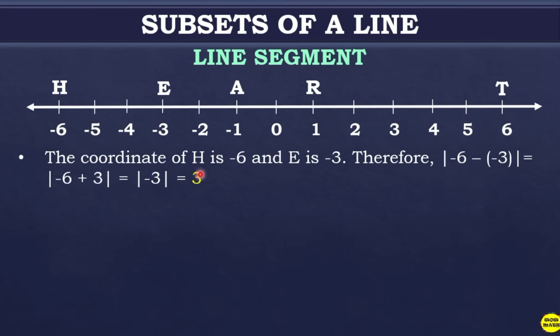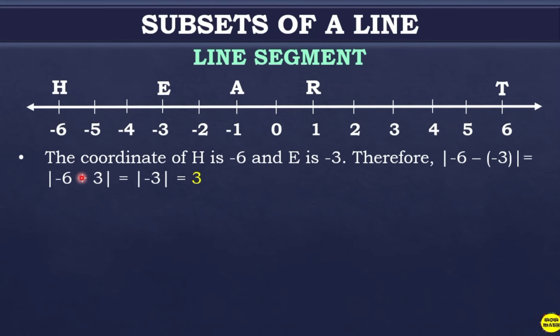Halimbawa, so the coordinate of H, point H is negative 6. And then the coordinate of point E is negative 3. Okay? So therefore, i-enclose mo po siya sa absolute value. So negative 6, kunin mo yung difference nila, negative 6 minus negative 3, so this will become negative 6 plus, kasi negative, positive yan.